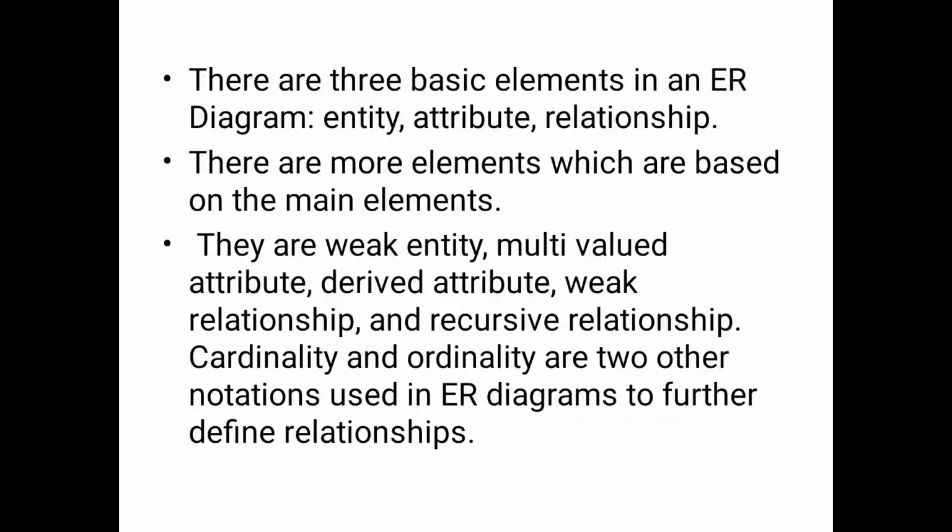Two other notations are used in the diagram to further define the relationship. As you all know, the cardinality ratios are 1:n, m:1, 1:1. These are all the cardinality ratios, meaning how the relationship is going on. For example, one employee can belong to a single branch.